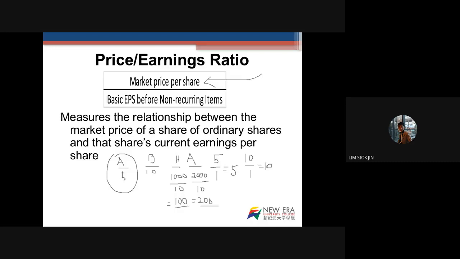But are you saying that Apple is not good because they have a high PE ratio? Why are they so expensive, but people still buy? If you say a low PE ratio is good, how come with a high PE ratio people still buy?